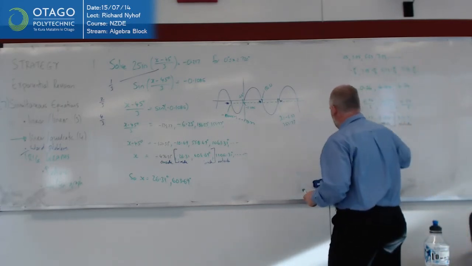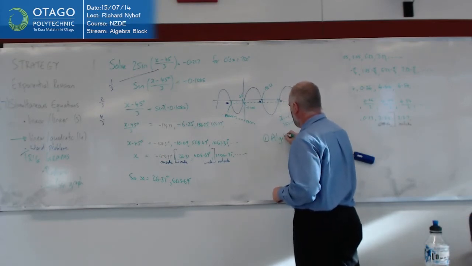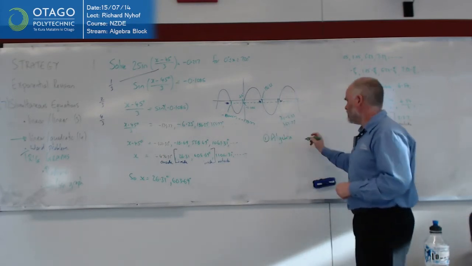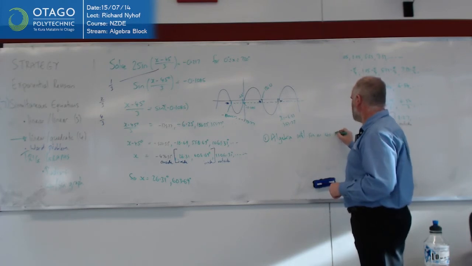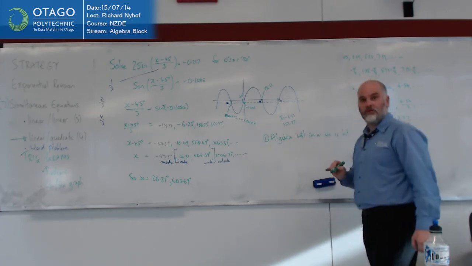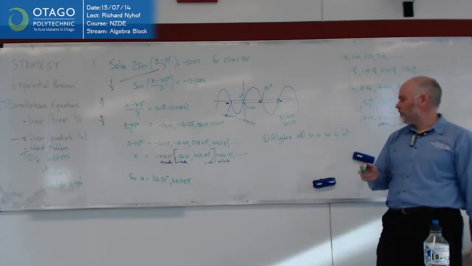Okay, so algebra until sine or cosine is hit. Okay, so just basically divide by 2, or the last one it was +1 and divide by 3.